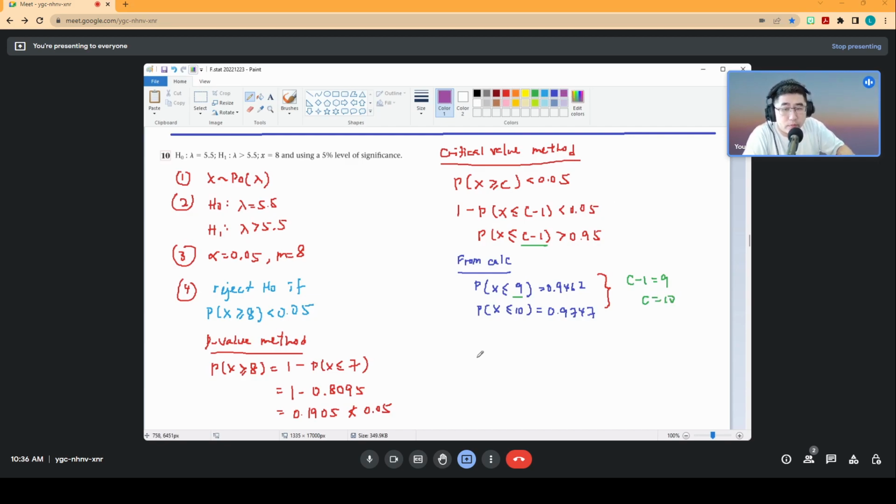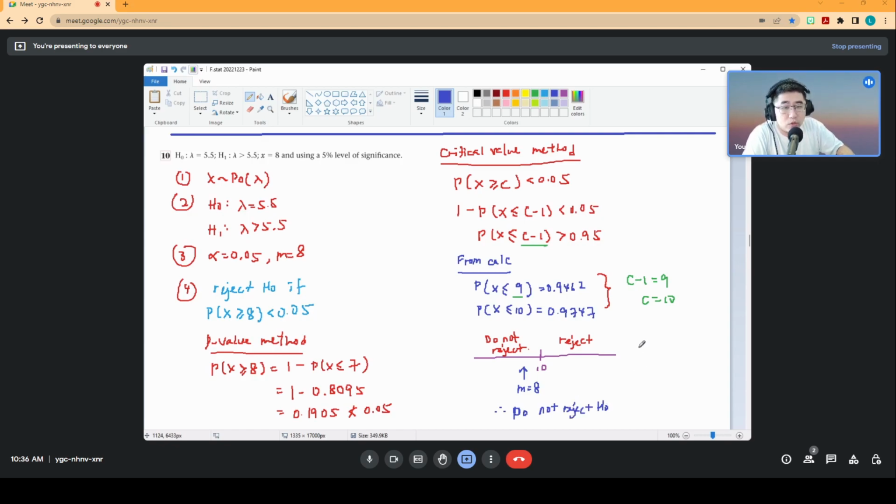So I draw my number line. So I label 10. This is more than, therefore this is the reject region. This is the do not reject region. Okay. So my evidence, where is my evidence? My evidence is 8. 8 is over here. M equals to 8. So, of course, it's do not reject H0.